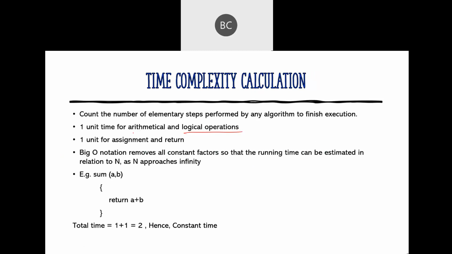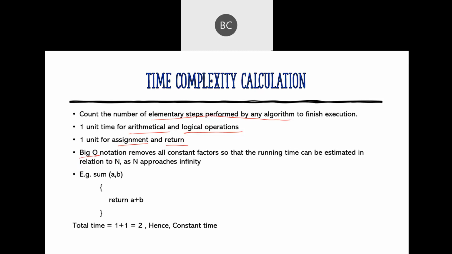Logical operations, arithmetic operations, then elementary steps performed by the algorithm. Again, assignment and return will take 1 unit of time. Now, whenever we calculate time complexity, most of the time we are concerned about the worst case: the worst case complexity, the maximum time a program can take.